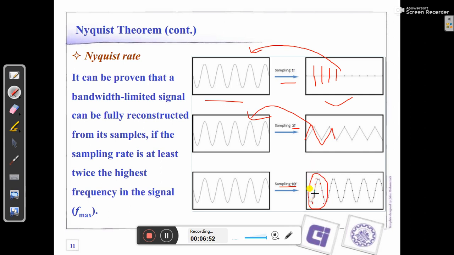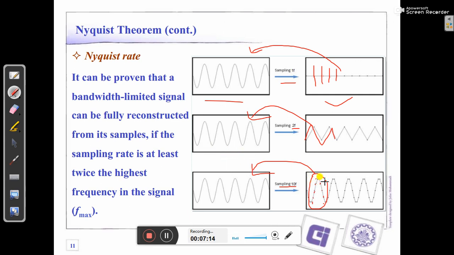Having 10 times the original frequency, obviously you can recover and reconstruct the original frequency. So the higher the sampling rate, the higher the possibility of creating the original sound wave.